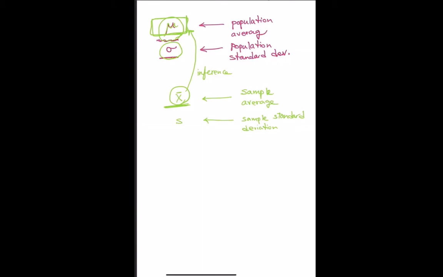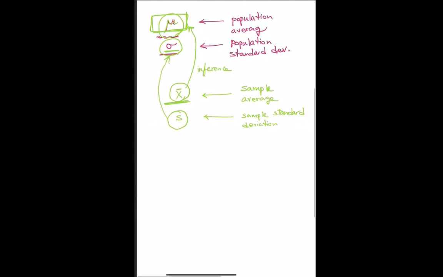And then also, since I don't have the standard deviation of the population, I use the standard deviation of the sample to say something about the standard deviation of the population. Those are basically some estimations that I use.